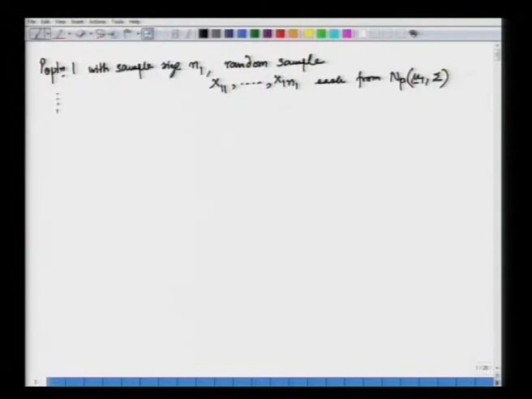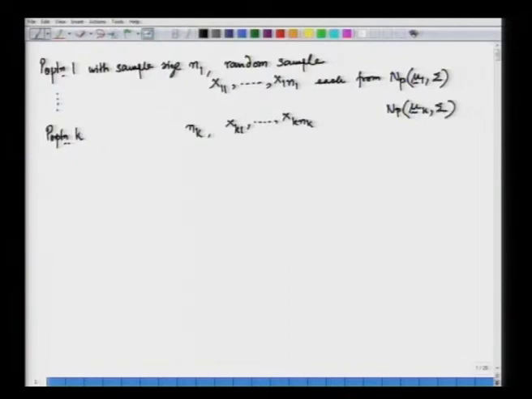Similarly, this setup is repeated to the kth population, where the sample size is nk, and the random sample is xk1 to xknk, coming from the p-variate normal with mean mu k and sigma.